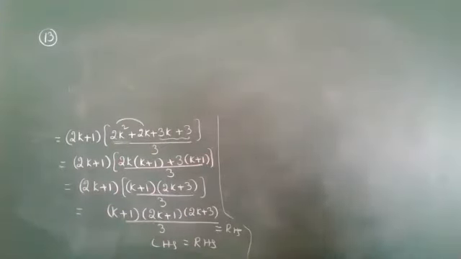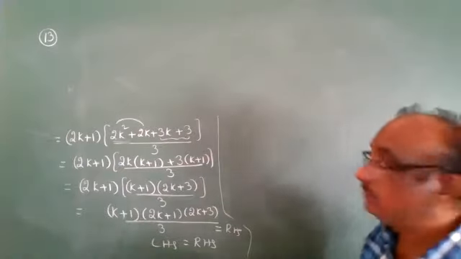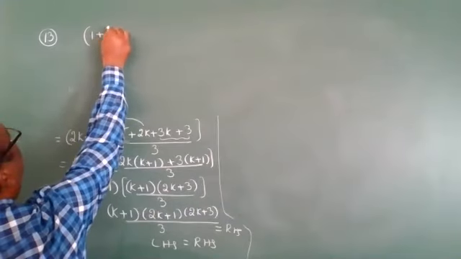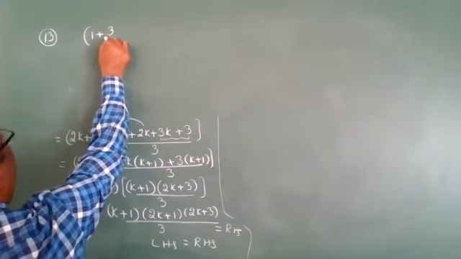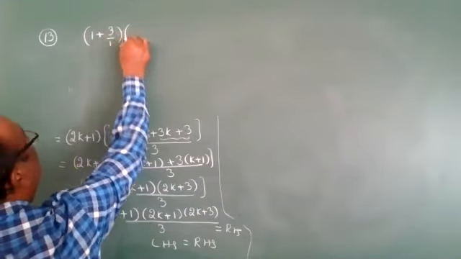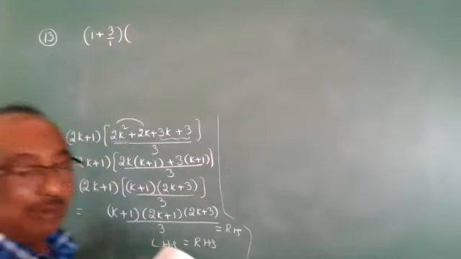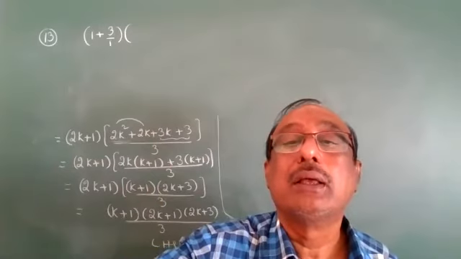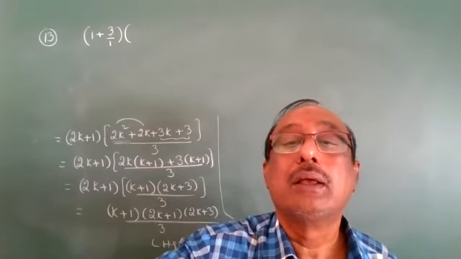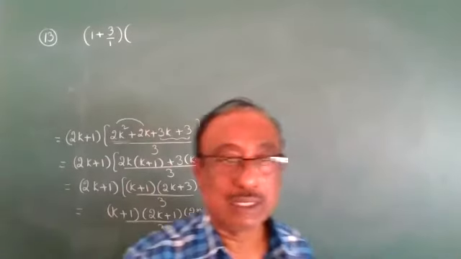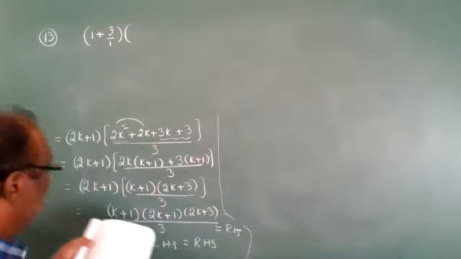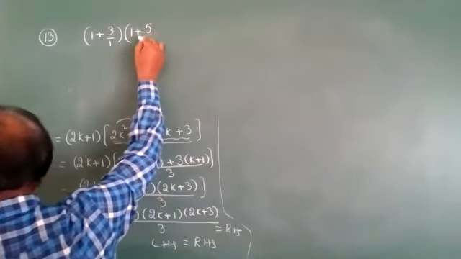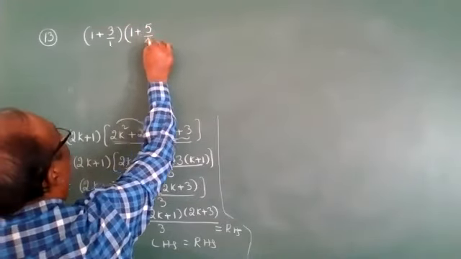The first bracket is 1 plus 3 by 1. The second bracket, with a multiplication symbol, is 1 plus 5 by 4.